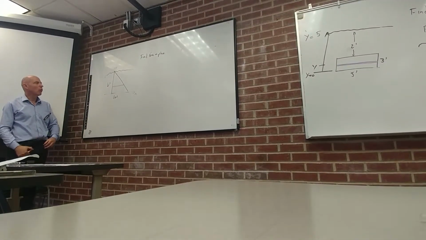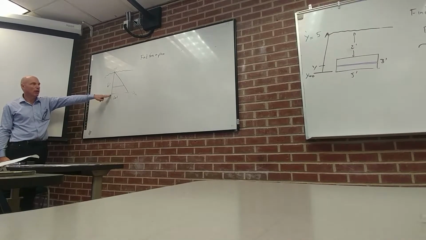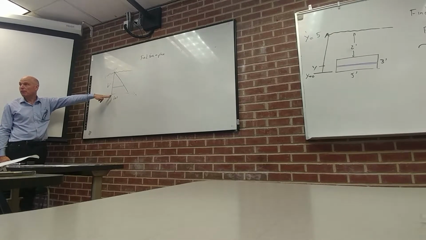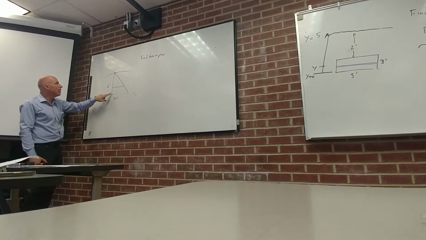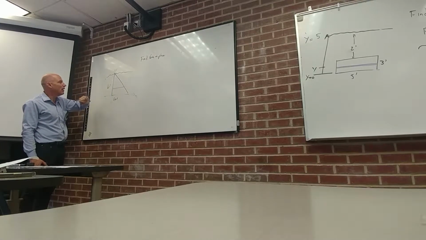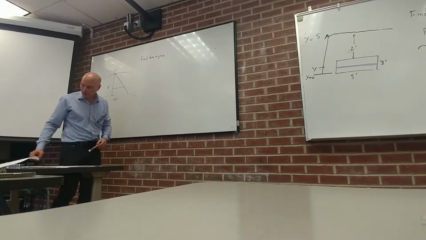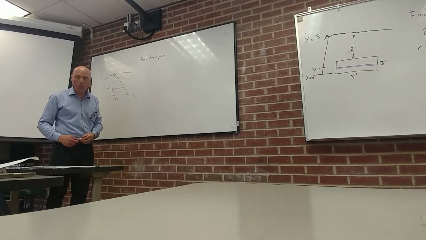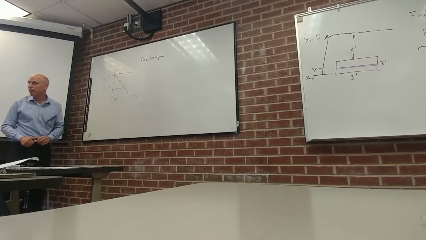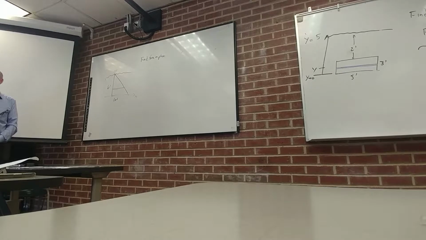And I like positive y up. So I'm going to put the origin here. It's as good a place as any. And I'll put positive y up. So the first step is always to get the coordinate system. The second step is to get the equation of the water line.